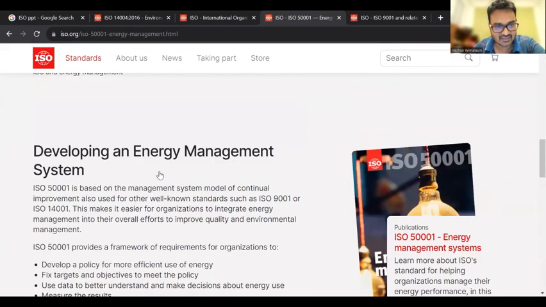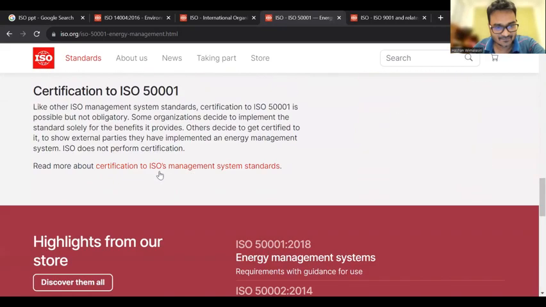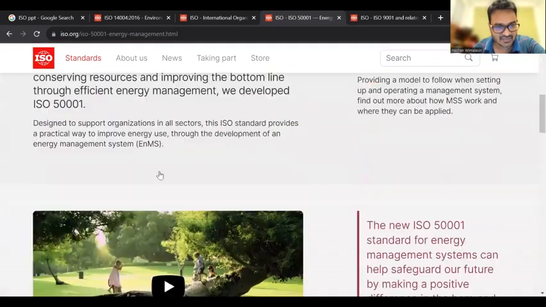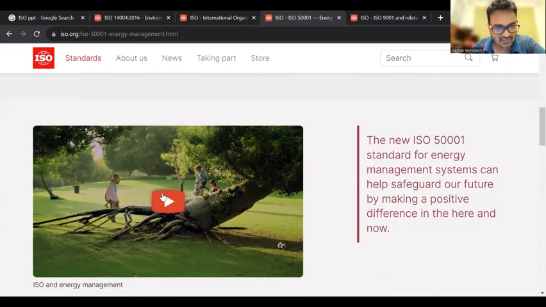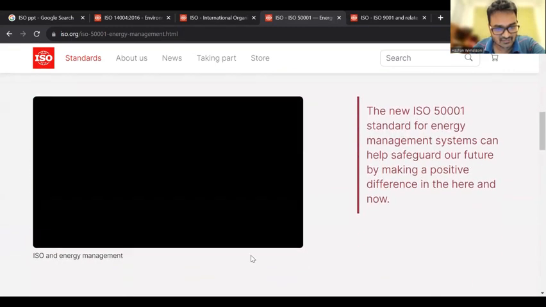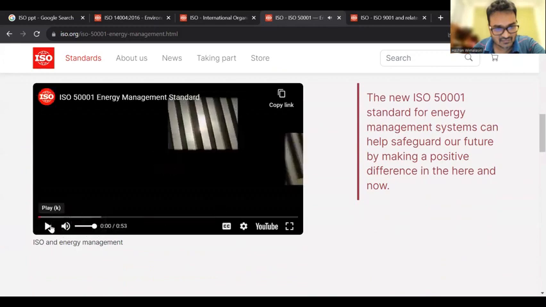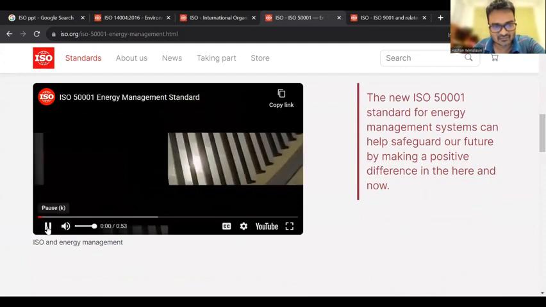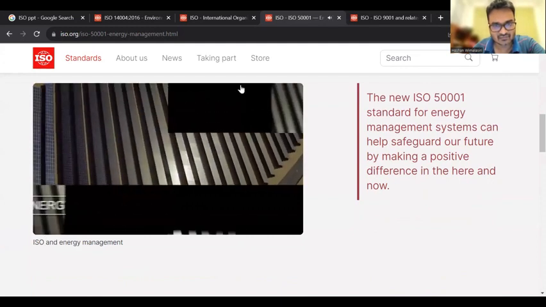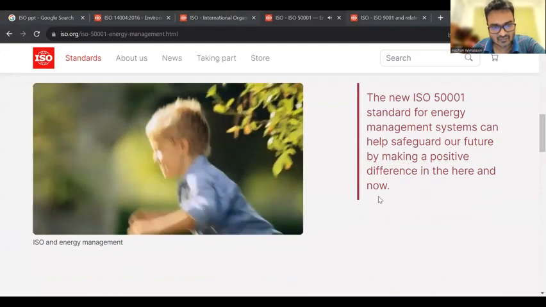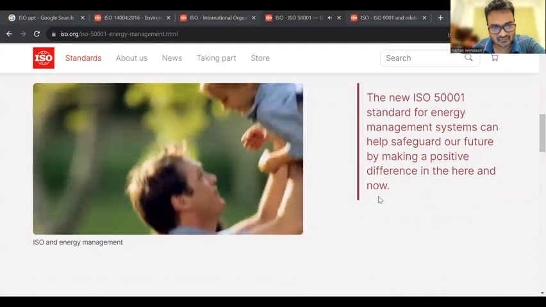How we face up to the world's energy challenges will heavily influence the future we leave for our children.